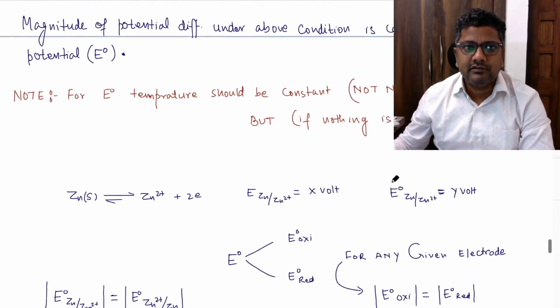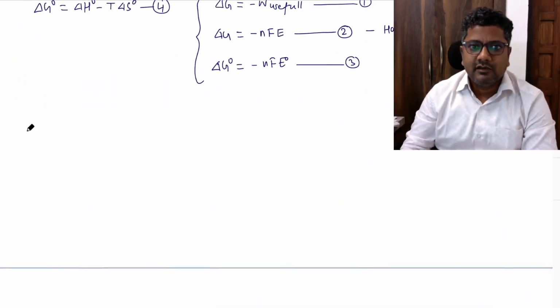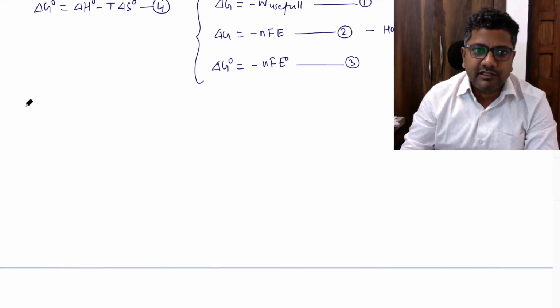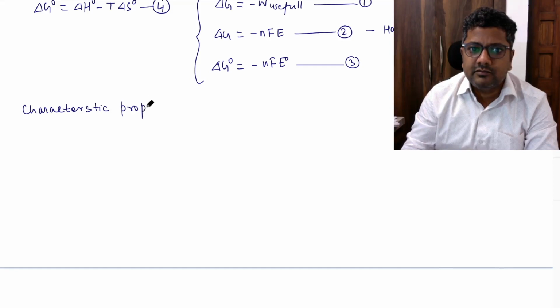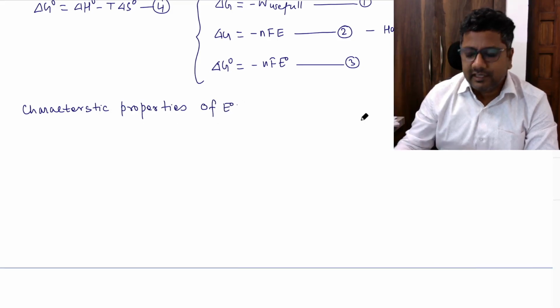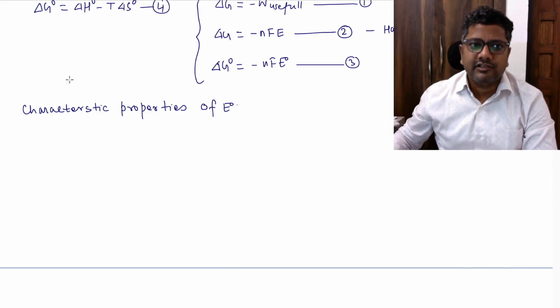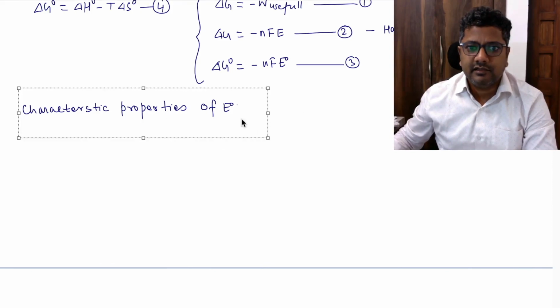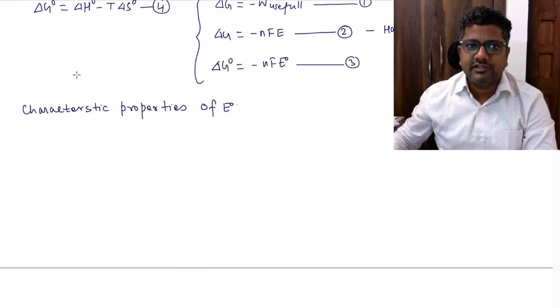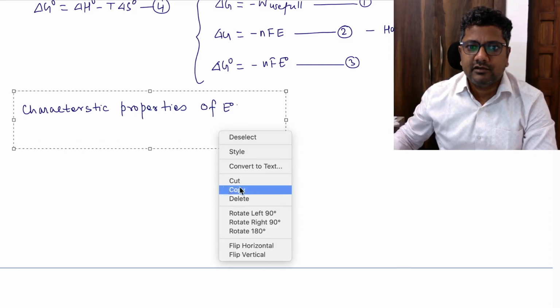So E naught characteristic properties of E naught. When I'm writing E naught here, I mean E naught oxidation and E naught reduction, both I am including here, right? So what is the characteristic property of E naught?